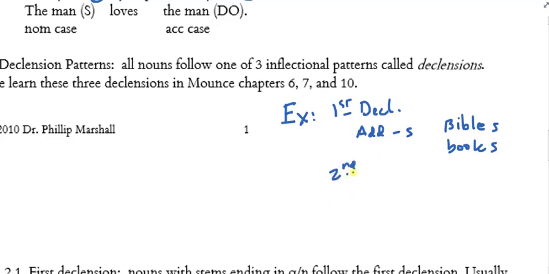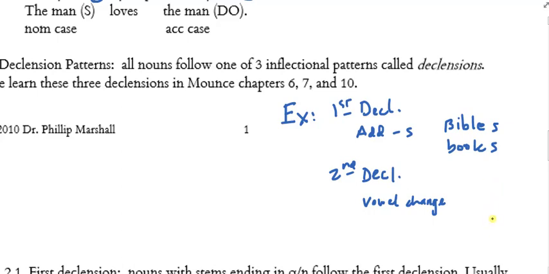Let's create a second declension in English. And what would be another way to form a plural besides adding S? Okay, so changing internal vowels. So we'll call that vowel change. Okay? Now, what would be some examples of this? Knife?